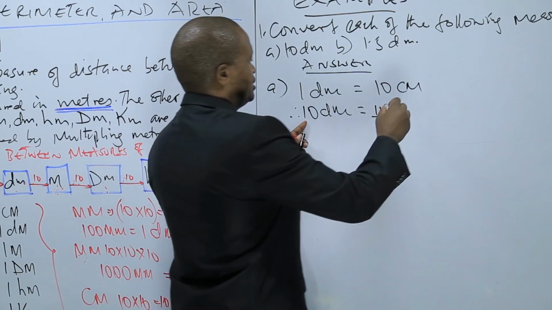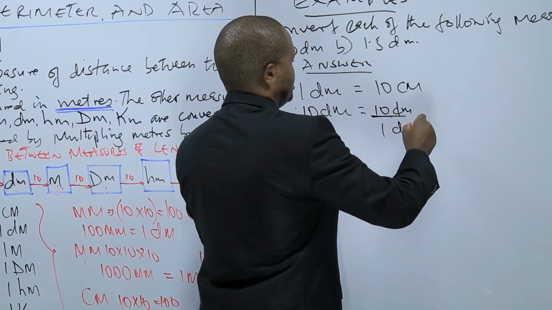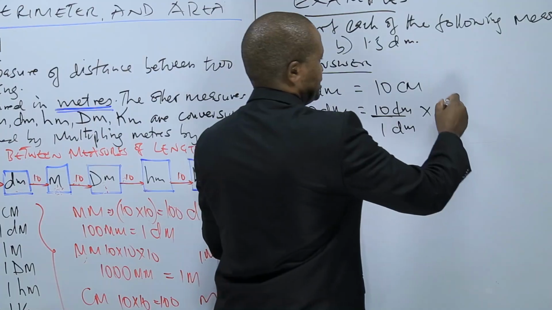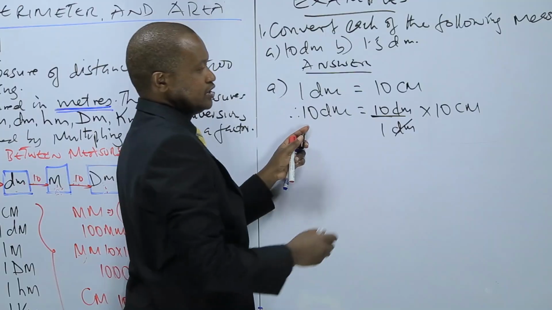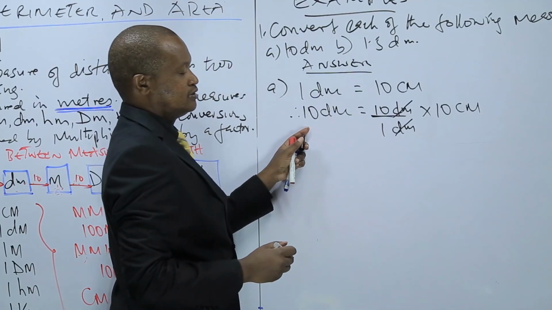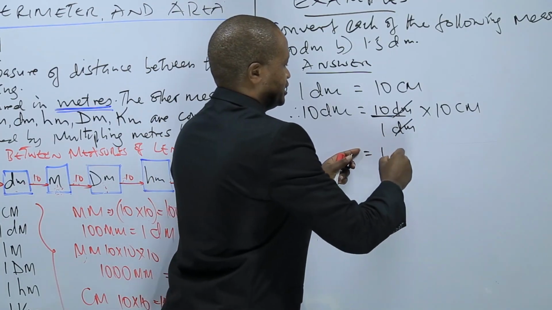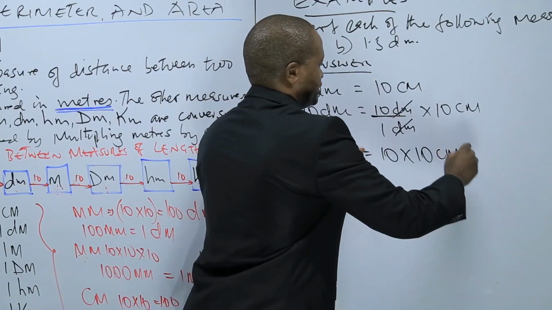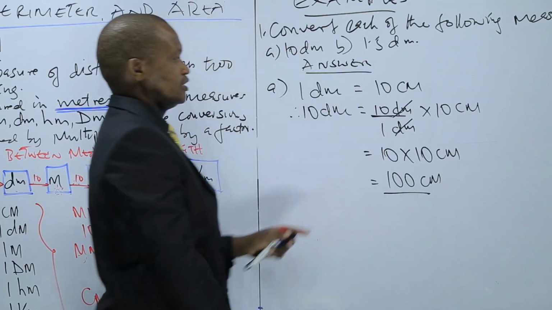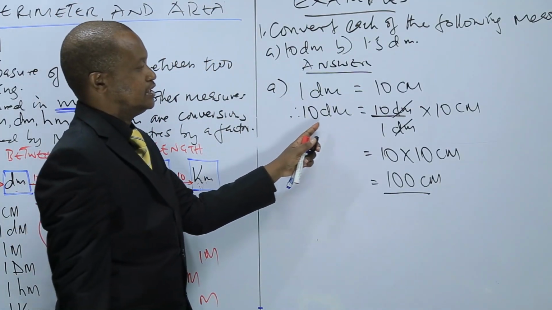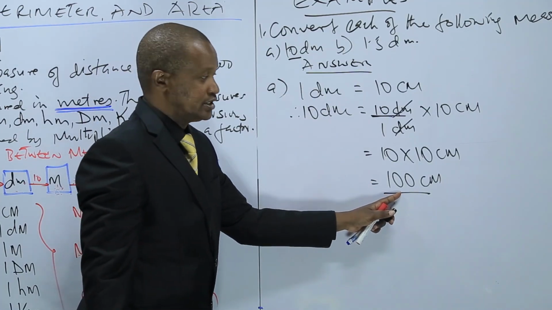That is 10 decimeters over 1 decimeter times 10 centimeters. So this decimeter cancels out with this decimeter. Then we have 10 times 10 centimeters, giving us 100 centimeters. So learners, 10 decimeters is equal to 100 centimeters.